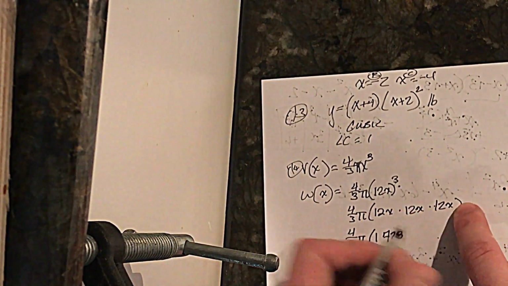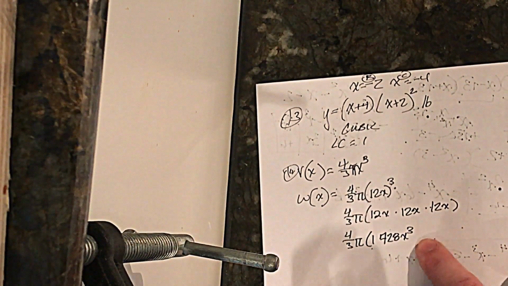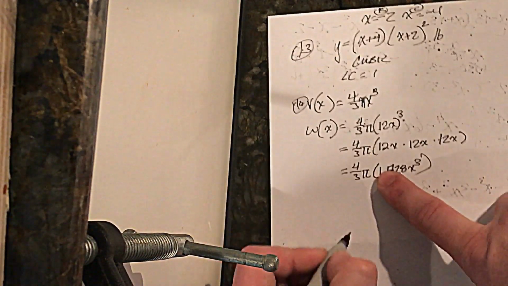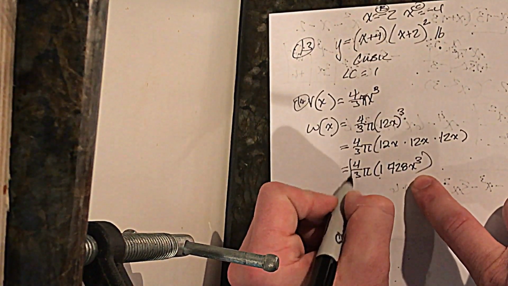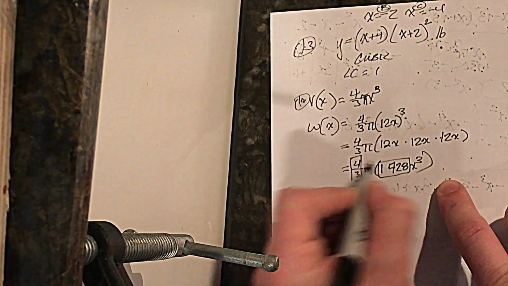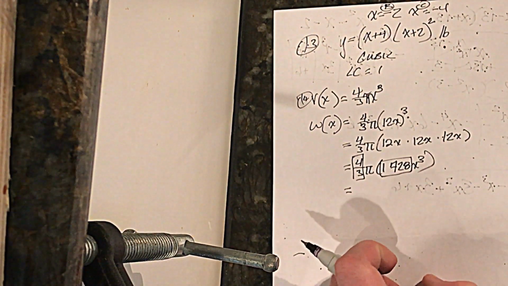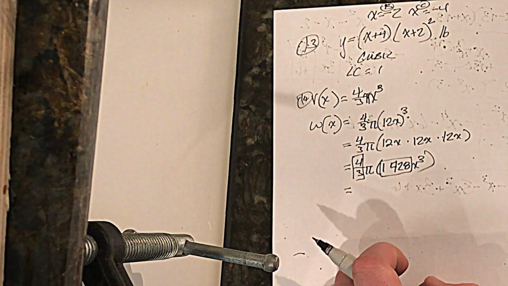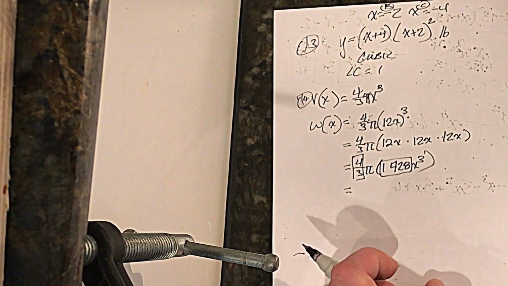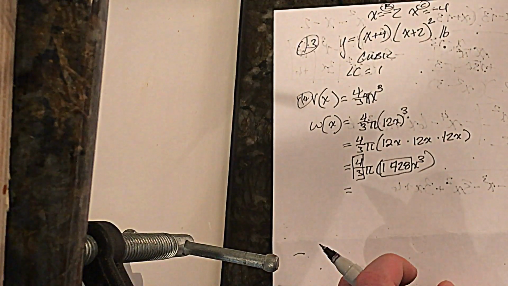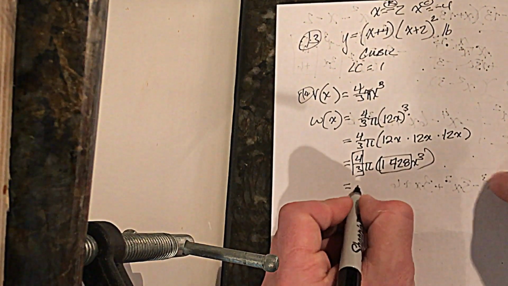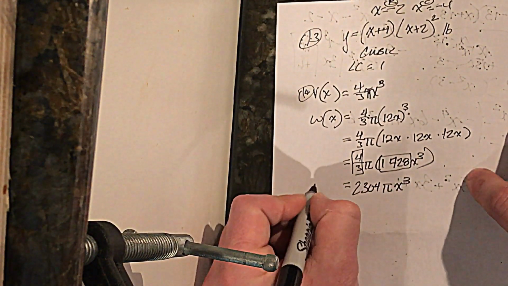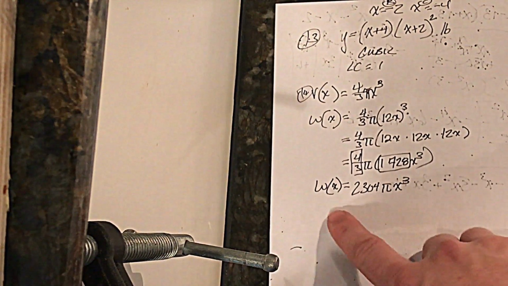And then we'll have x times x times x, which is x cubed. So let's keep this thought process going. We're going to have to multiply 4/3 times 1,728. And that's going to give us 2,304 pi x cubed. And that'll be our W of x.